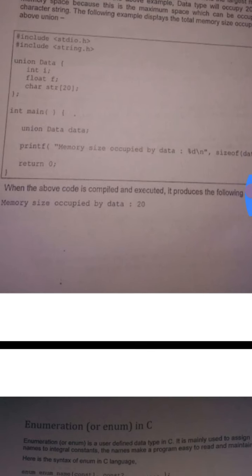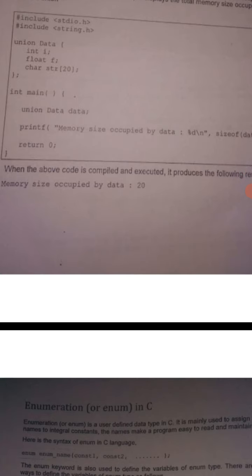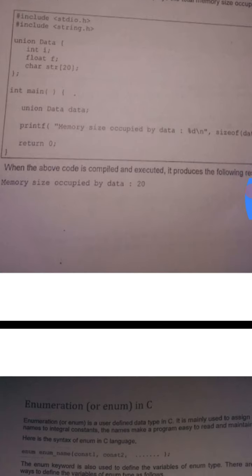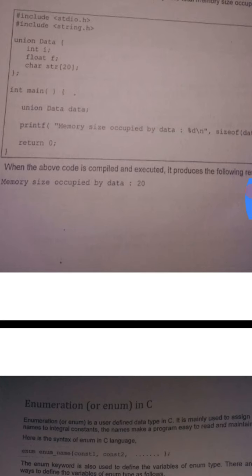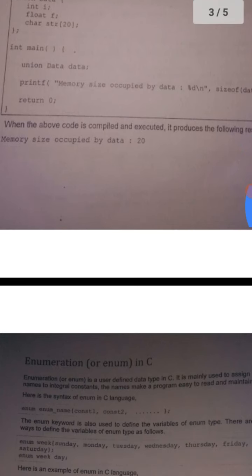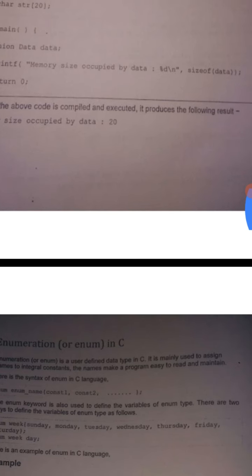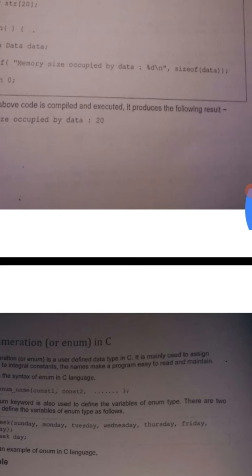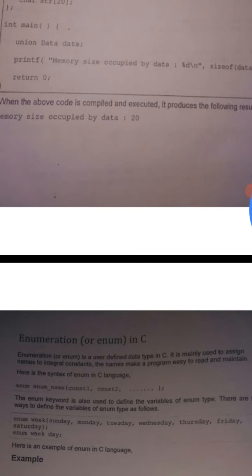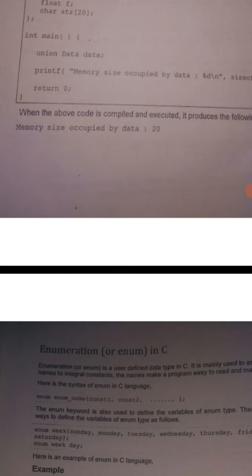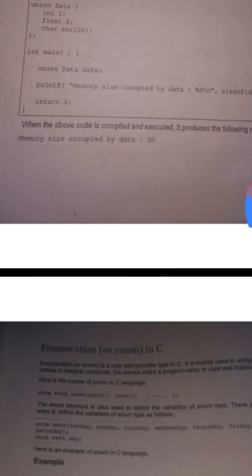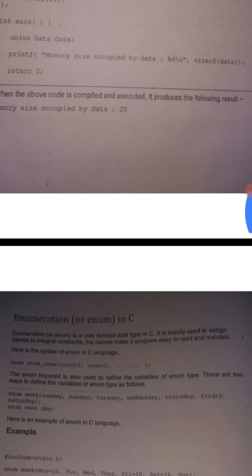The following example displays the total memory size occupied by the union. #include <stdio.h>, #include <string.h>. union Data { int i; float f; char str[20]; }; int main() { union Data data; printf("Memory size occupied by data: %d\n", sizeof(data)); return 0; } When the above code is compiled and executed, it produces the following result.